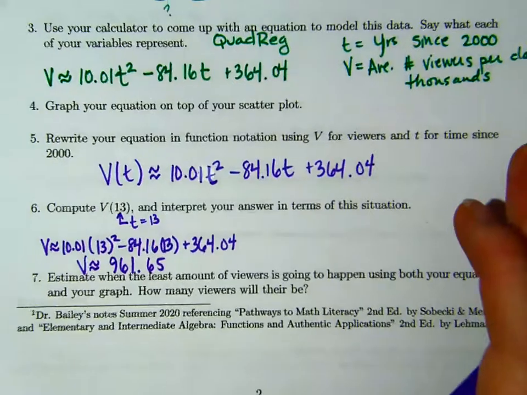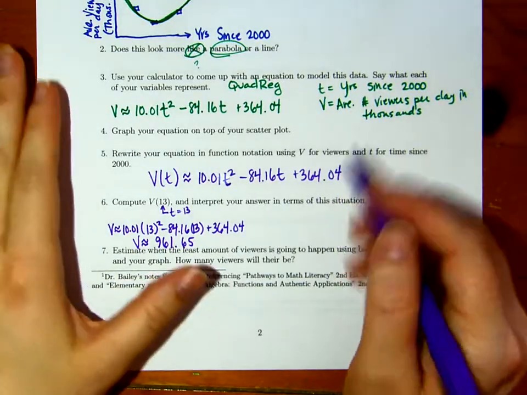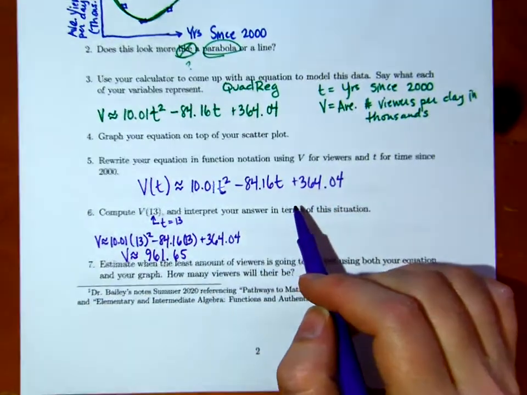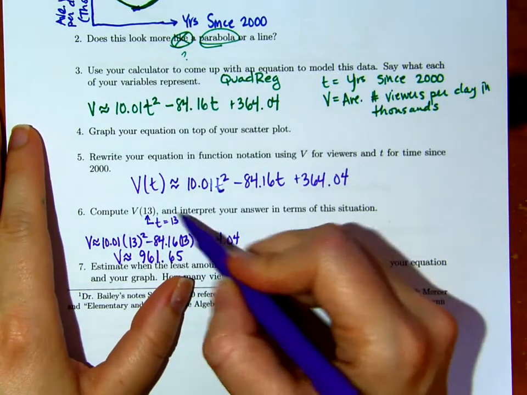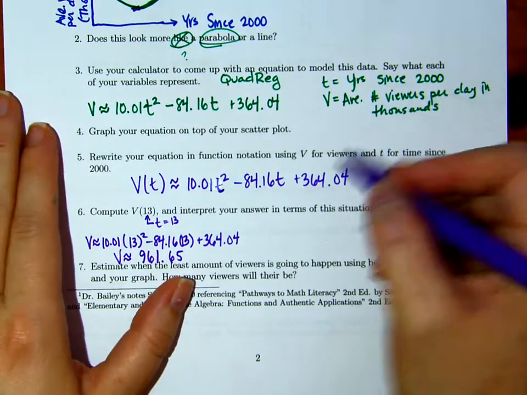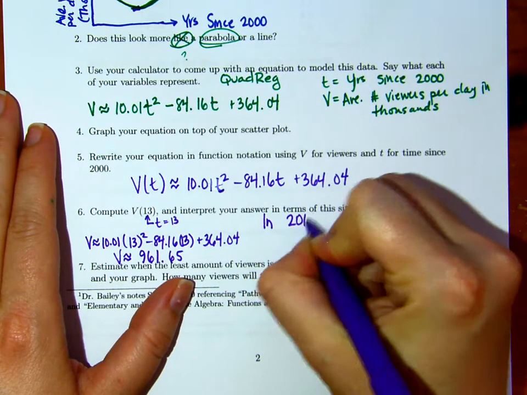Interpret your answer in terms of this situation. Okay, I can do that. T is 13, that's in the year 2013.